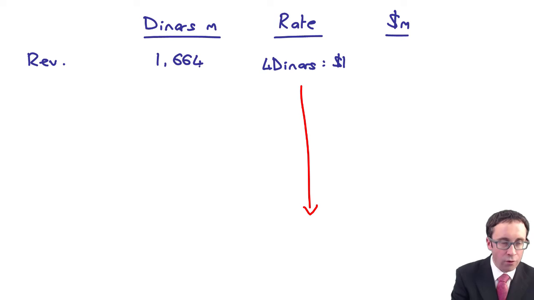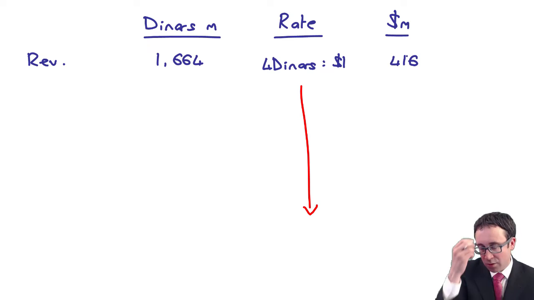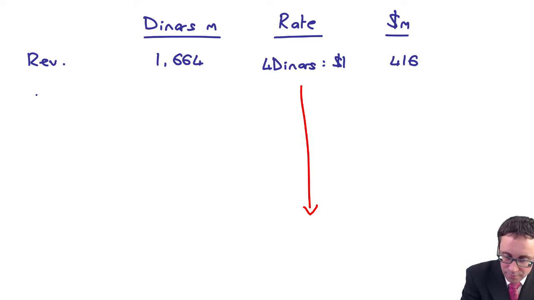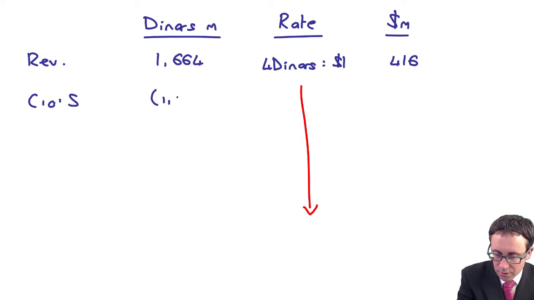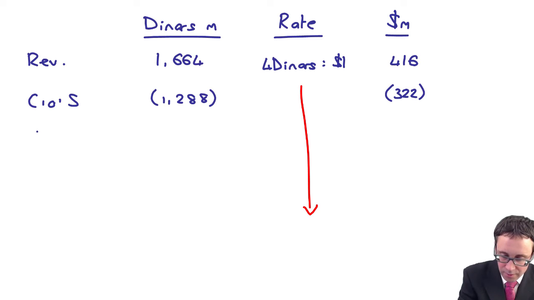Revenue 1644 divided by the 4. So to convert the dinars into the dollar, that base currency, you divide it by that 4, which gives you 416. Cost of sales is that 1288 divided by 4, gives me 322.